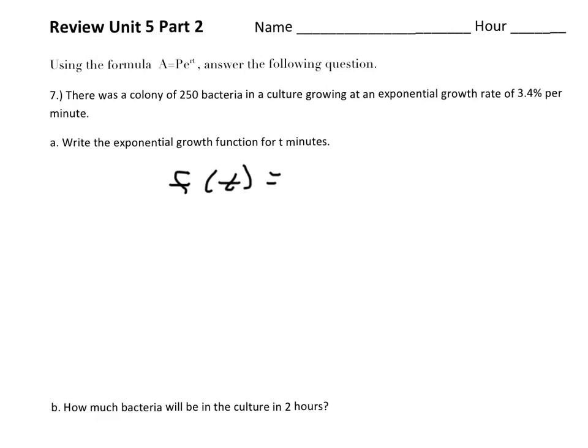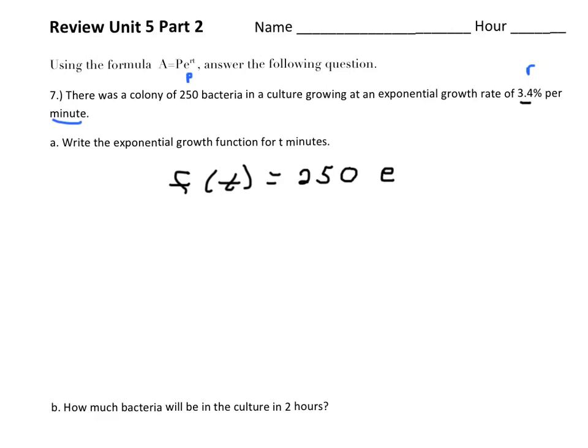Okay, as you work through this, hopefully you recognized that this here is our P, and this here is our rate, and our time is going to be in minutes. So f of t is equal to 250, because we started with 250 bacteria, times e raised to, now we have to take this 3.4.